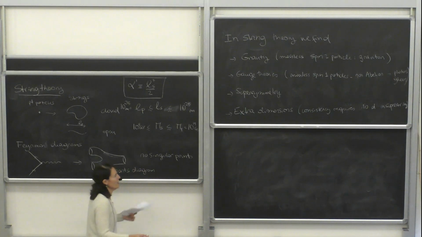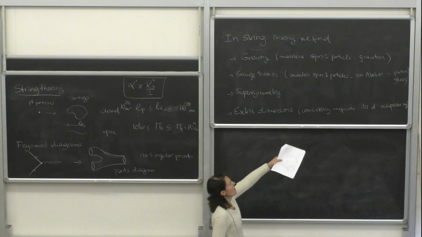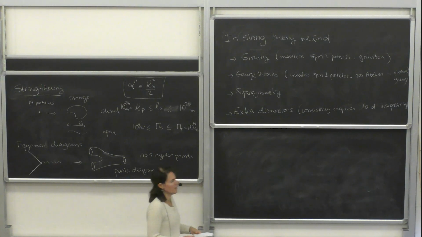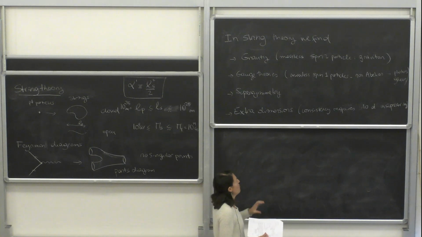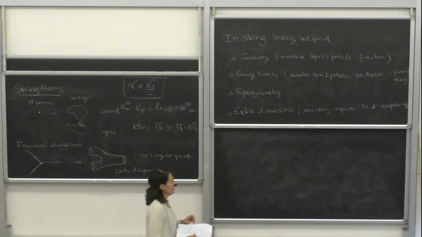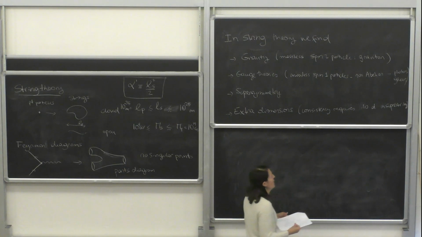So we see 3 + 1 dimensions. So the idea is that the 6 extra dimensions are small and we don't see them. They are compact, they are curled up in some compact manifold, and that process we call a compactification.